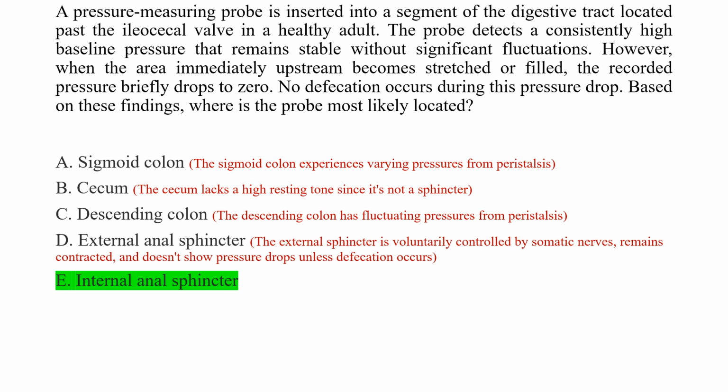Option C. Like the sigmoid colon, the descending colon also undergoes peristalsis, creating fluctuating pressures. And option D. The external anal sphincter is under voluntary control by the somatic nervous system. While it does maintain a resting tone, it only relaxes with voluntary effort during defecation.